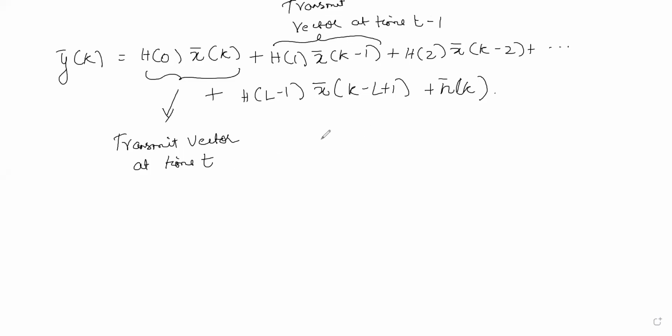So if you take this MIMO frequency selective FIR filter model, even here, this shows the inter symbol vector interference.